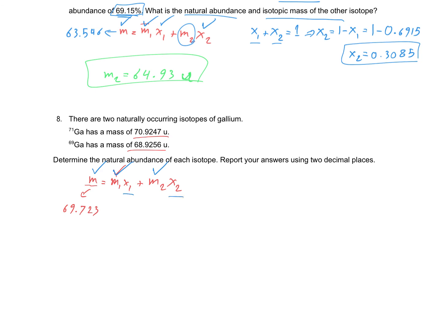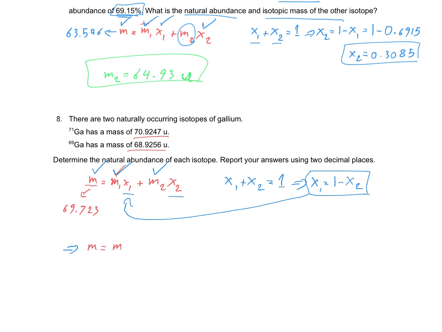Again, we cannot solve one equation with two unknowns. But if you think about it, we know this is 1, right? So x1 is 1 minus x2. Okay, so if you plug this inside that equation, so if you plug x1 into here, you will have M equal M1 times 1 minus x2.